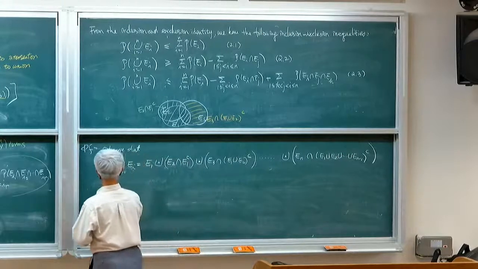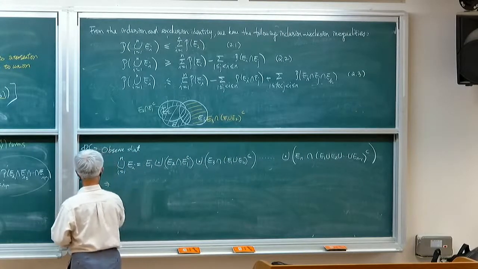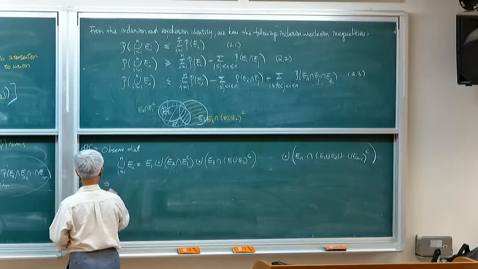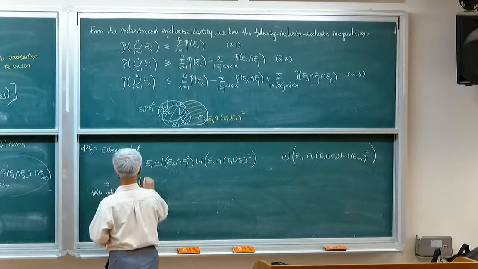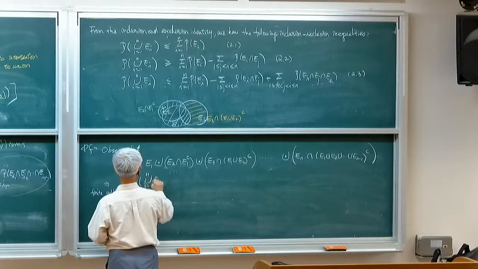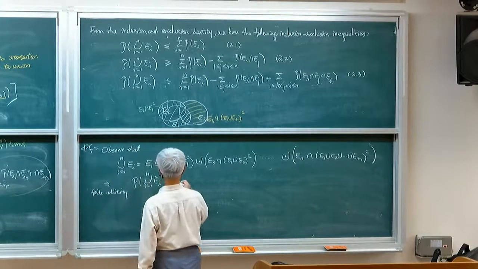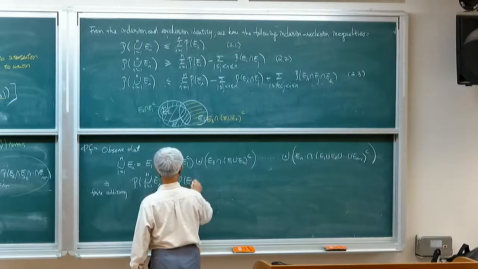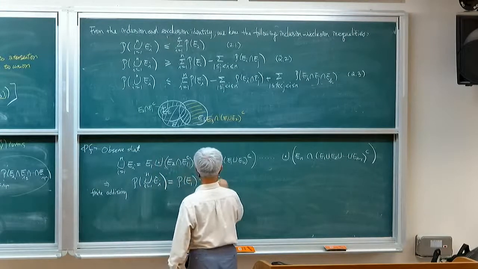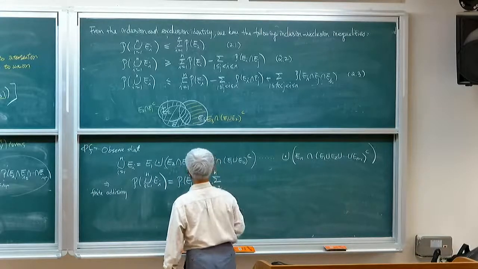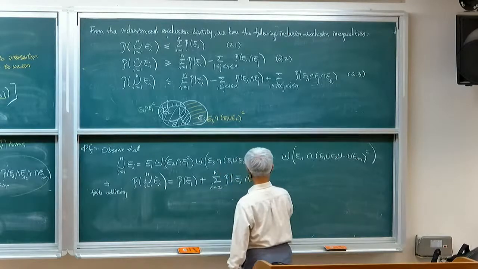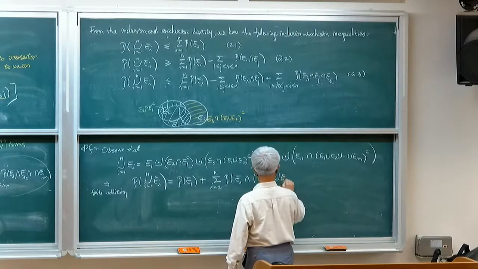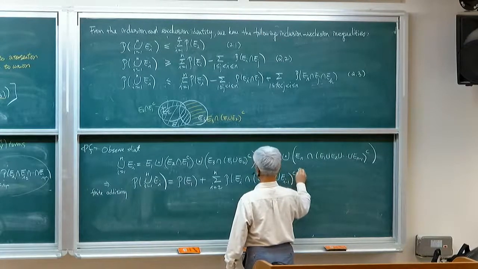All right. So by finite additivity, the probability of the union is equal to probability of E1 plus summation i from 2 to n, probability of Ei intersect with E1 union up to Ei minus 1 union complement.